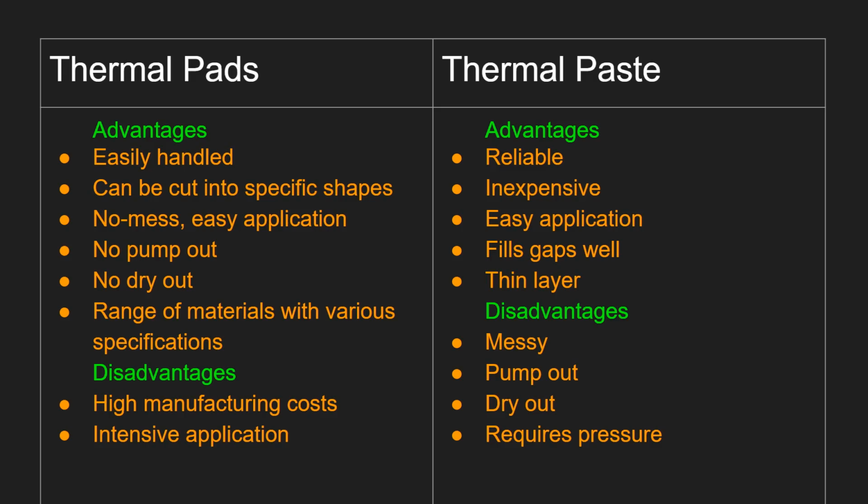In addition to thermal pads or thermal paste, you also need to design your PCB with proper through hole and surface mount pads. You need to route traces, power planes, and provide thermal relief pads, and this will go a long way in helping you manage the thermal conditions of your circuit board.